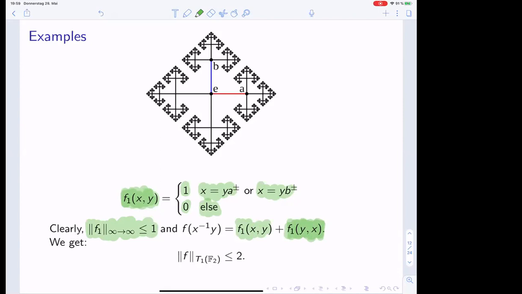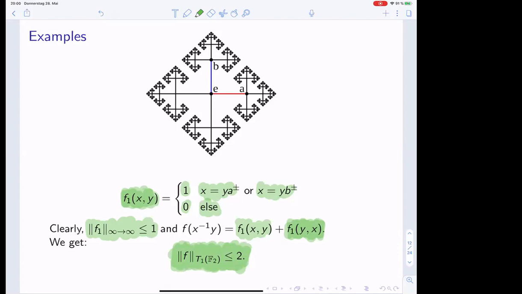And this operator, which is just the transpose of the first one, is now bounded by norm 1 from L1 to L1. Why? Because you're just moving all the values 1 inwards, and that's not changing their sum, if they are positive. So from the definition, this decomposition gives you that the norm of this in the space of T1 functions is bounded by 2.